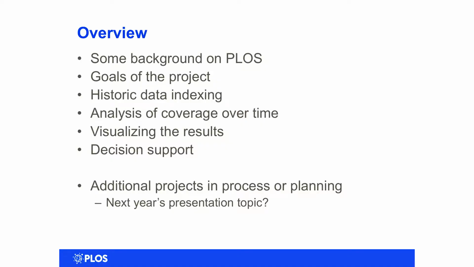Okay. All right, so I'm going to also give you a tiny bit of background on PLOS in case you missed it, and on Rachel's slides. Talk a little bit about the project that we did, which was basically talking about indexing the historic data and trying to glean some information from that, to talk about how the coverage in our, what is really a big database of articles, has changed over time, and then looking at that journal by journal, as well as a big whole.